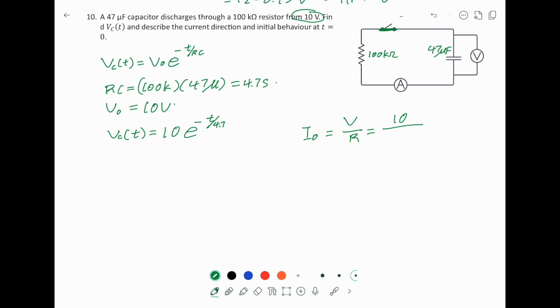So 10 over 100K, and we get 123.1 milliamp.